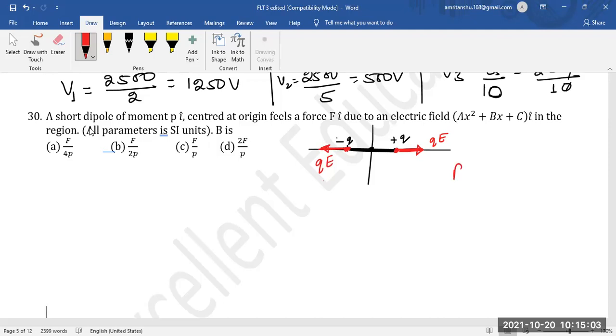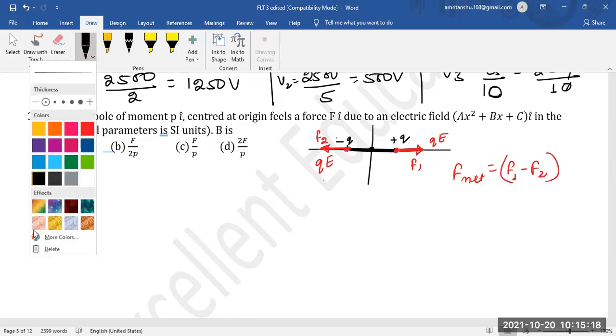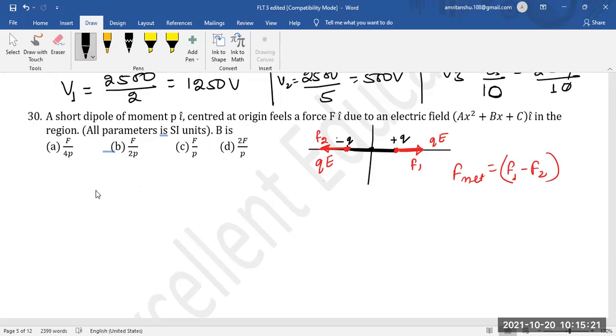And F net is going to be, let's say this is F1, this is F2, F1 minus F2. So if we see F1, F1 is Q into E. Let's say this length of the dipole is D, this is also D. Total length is 2D of the dipole.